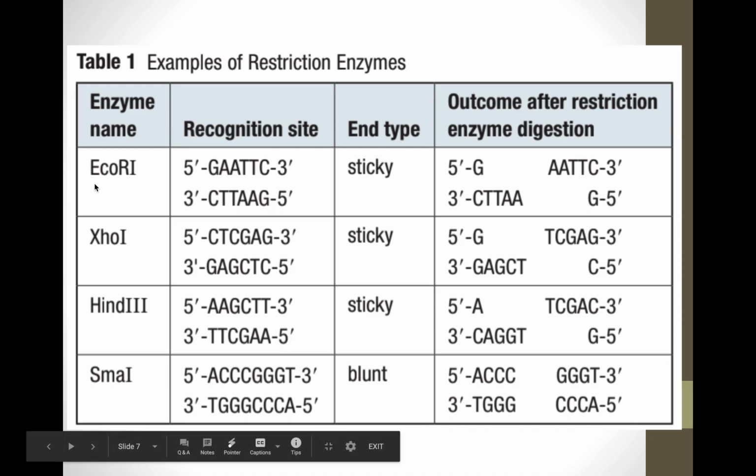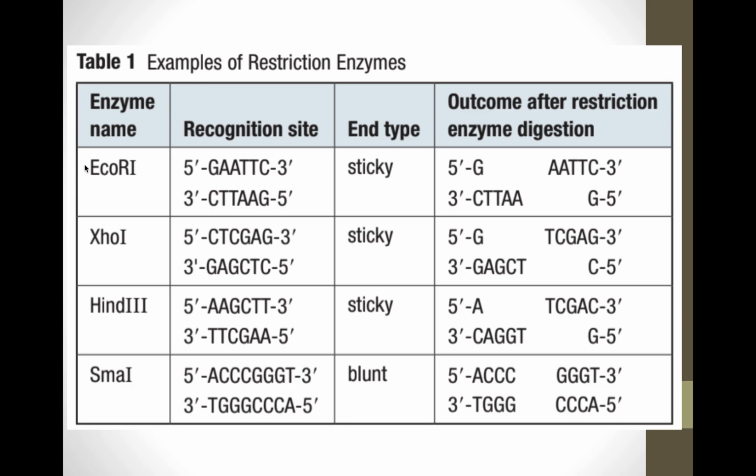These are named based on the prokaryotes they come from. For example, EcoRI comes from E. coli, I believe, and these come from other ones. You can see that most of them have sticky ends. When they cut, this one cuts between the G and an A, here between the G and the A, and they form an overlapping segment.